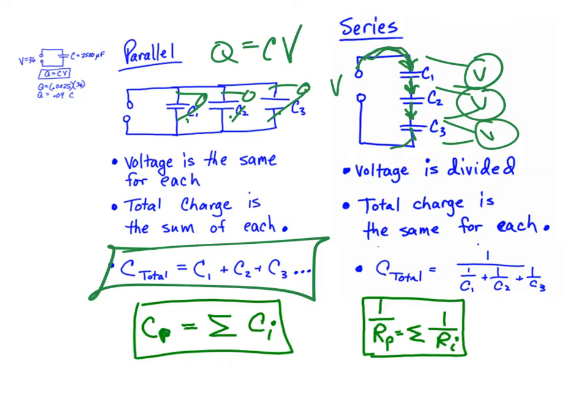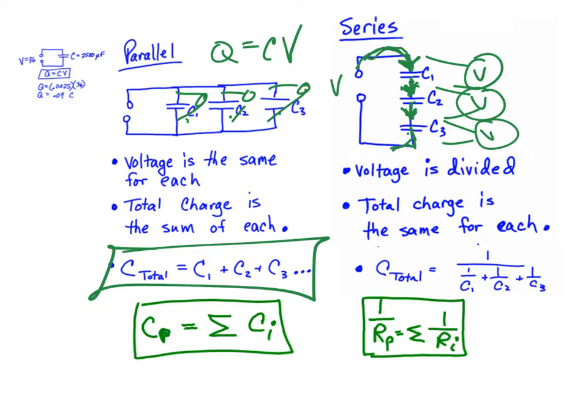The reason is that if I put electrons into the first one, the same number of electrons leave the other side and go into the next one, which will make the same number of electrons go out the other side. So each one of these will end up having the same amount of charge on them. They will have a different voltage on them, but if they're all the same capacitor, they would have the same voltage. But no matter what, they will all have the same amount of charge on them.